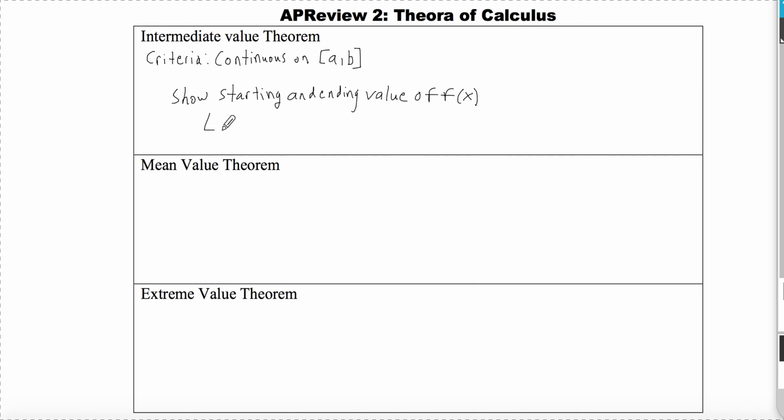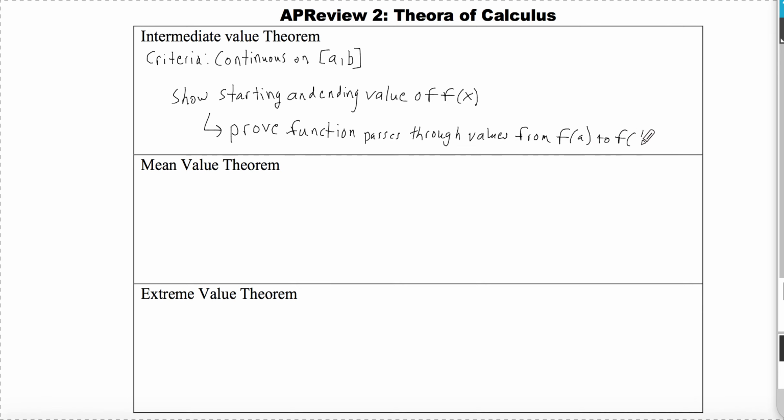And then we can prove that the function passes through values from f of a to f of b.